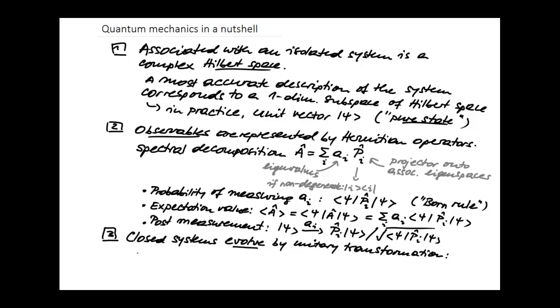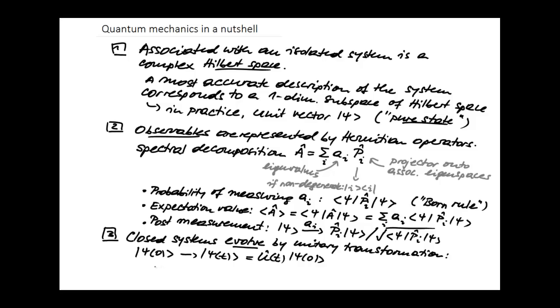So if initially at some time 0 I have pure state psi(0), then after time t I have psi(t), and I obtain that by applying a unitary time evolution operator U(t) to my initial state psi(0).